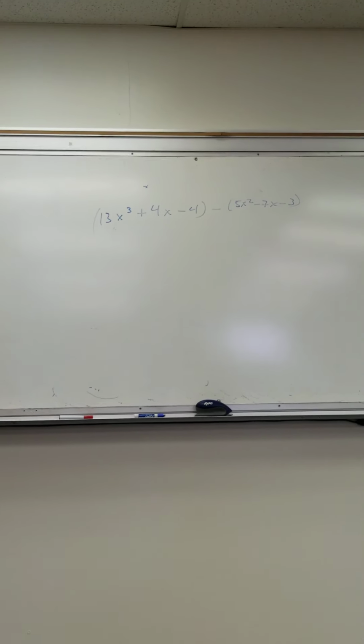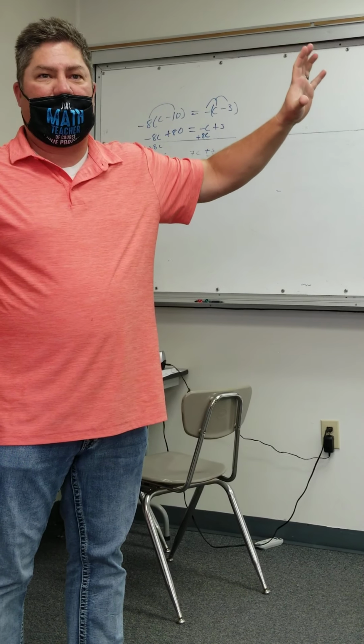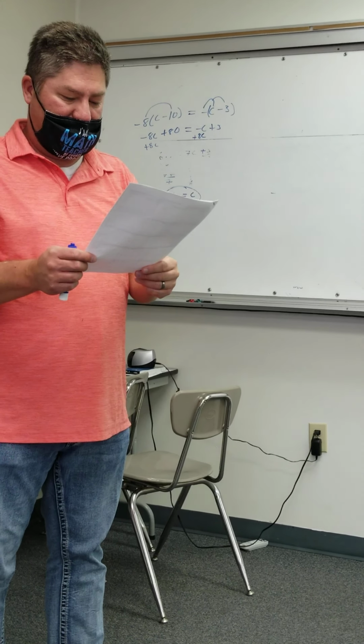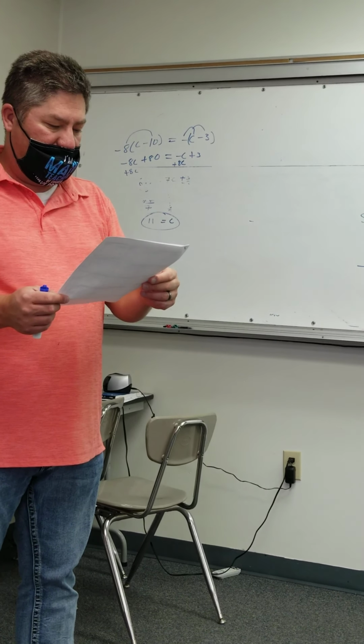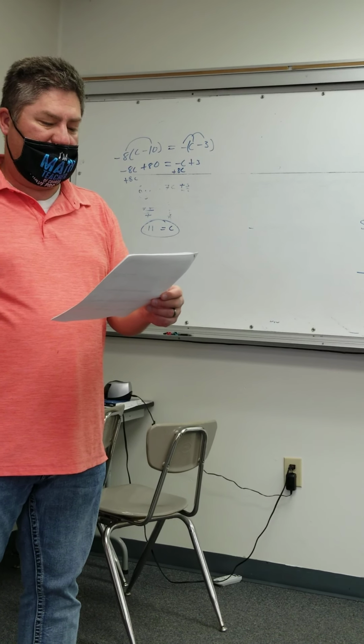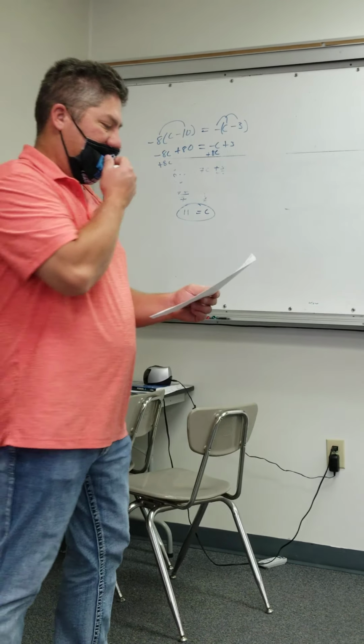Subtracting. So what I do is I distribute the negative, line up my like terms, and simply add or subtract. Do not change exponents. I would write that down for all of 7 through 10. Do not change exponents on 7 through 10. Because every one of those 7 through 10, what are you doing? Adding or what? Subtracting. Okay?